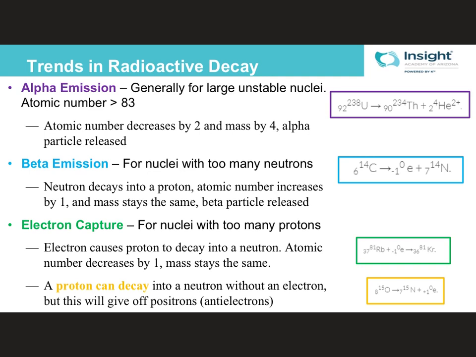In this reaction, you'll see that your mass decreases by 4 and your atomic number decreases by 2. Then you've got your alpha particle that gets given off.